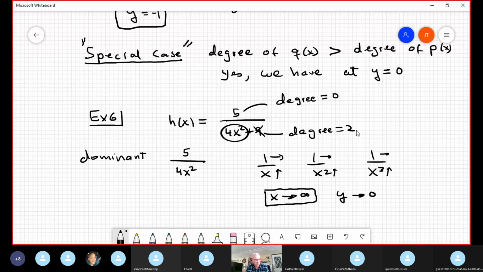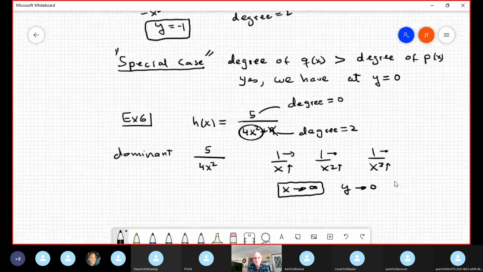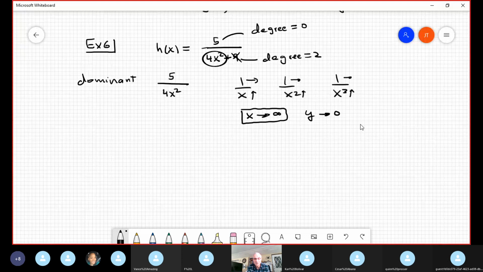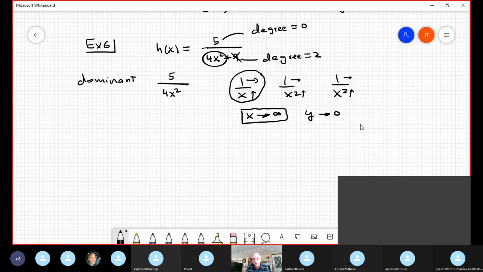Do you understand this or no? Because I can show you numerically, the arithmetic part. Do you understand the arithmetic part? The denominator increasing, the entire fraction decreasing. It's going down.